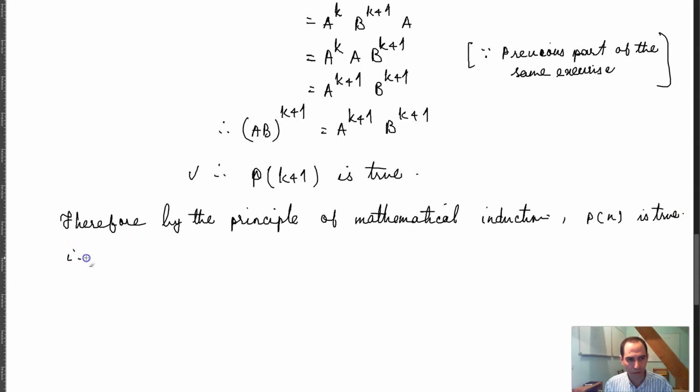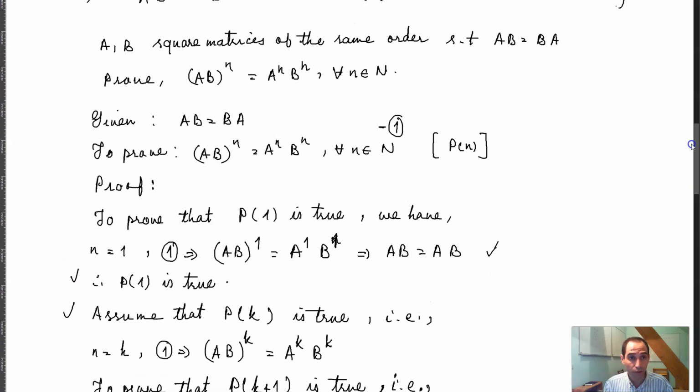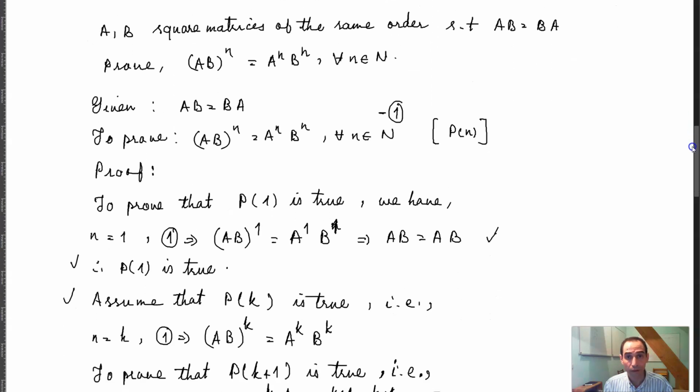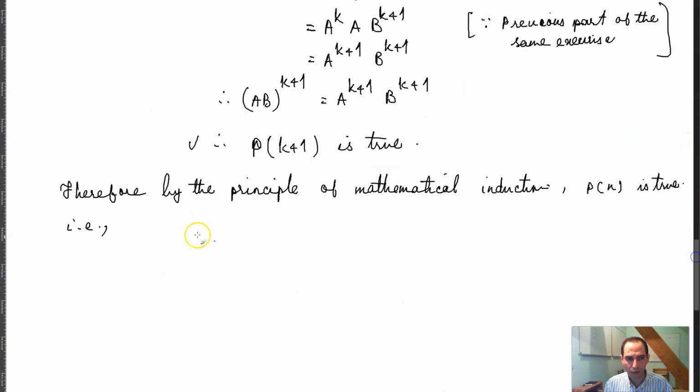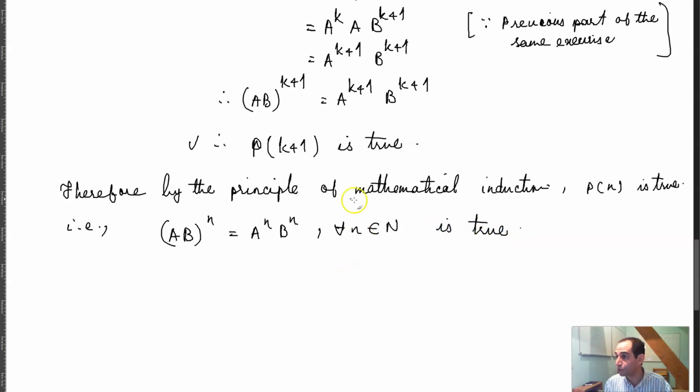And P of n over here was AB whole raised to the power n is equal to A raised to the power n times B raised to the power n for all n belonging to the set of natural numbers. And that's basically what we wanted to prove here.